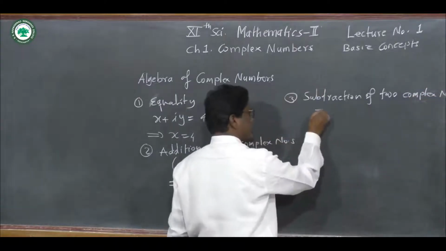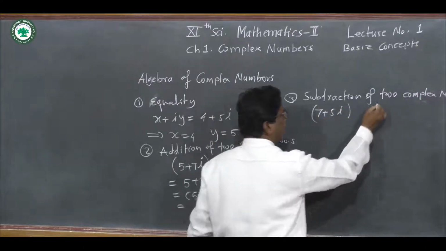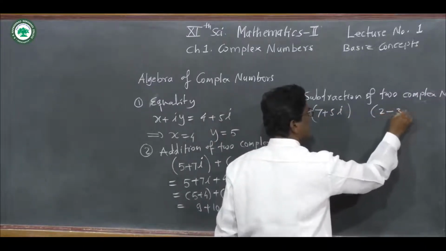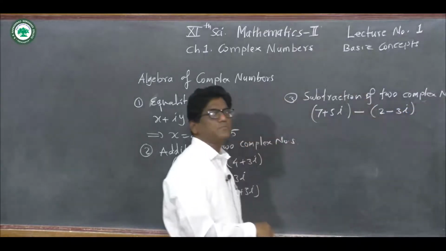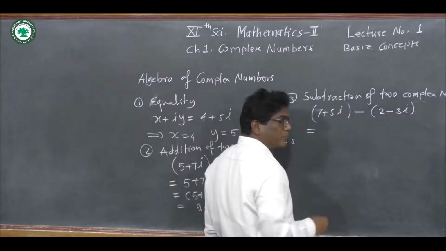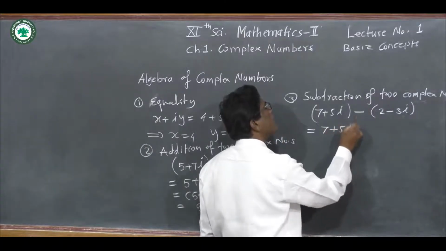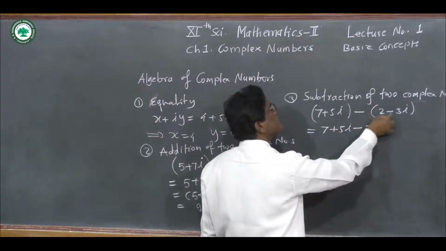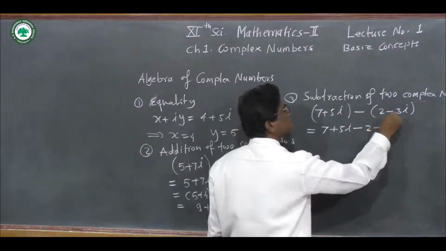Suppose 7 plus 5i is one complex number and 2 minus 3i is another complex number, and we have to take the subtraction of these two. So firstly open these round brackets, so we get 7 plus 5i, minus 2, and minus multiplied by minus 3i gives plus 3i.